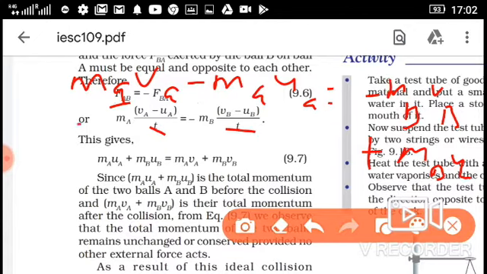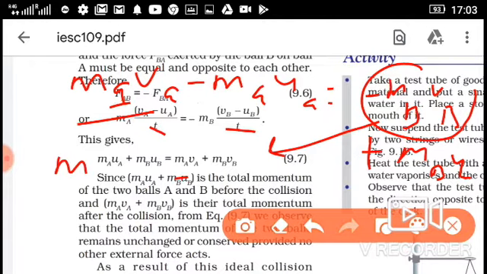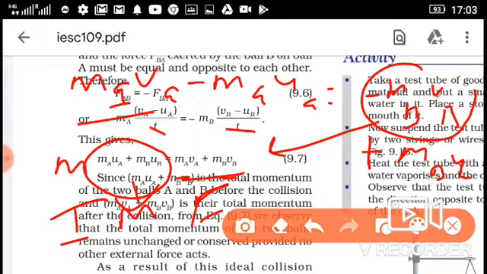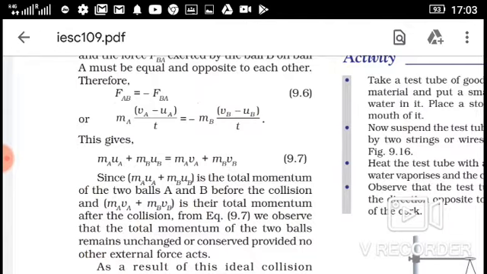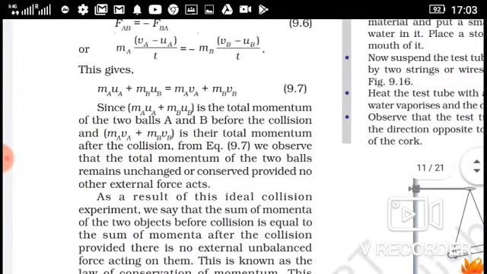Then you bring this side. Then it becomes MAUA plus MBUB. This is initial momentum, and this is final momentum. They both are equal, so this is called conservation of momentum.